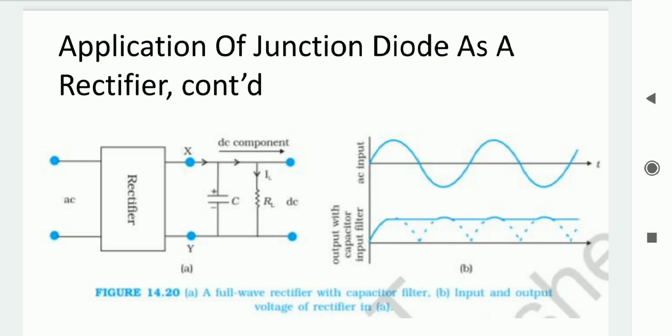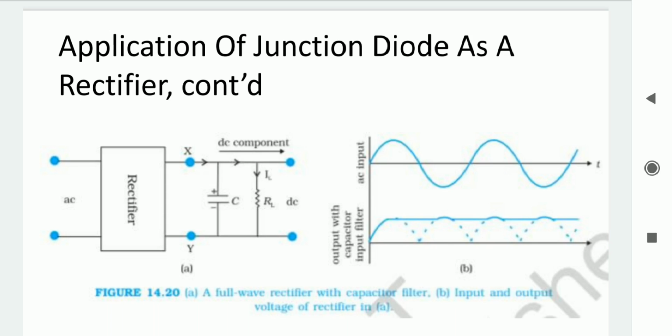But here you can see that the discharging rate is very much less than the charging rate. The discharging rate is almost 100 times lesser than the charging rate. So the discharging process is very slow and the voltage reduces by a very small amount.